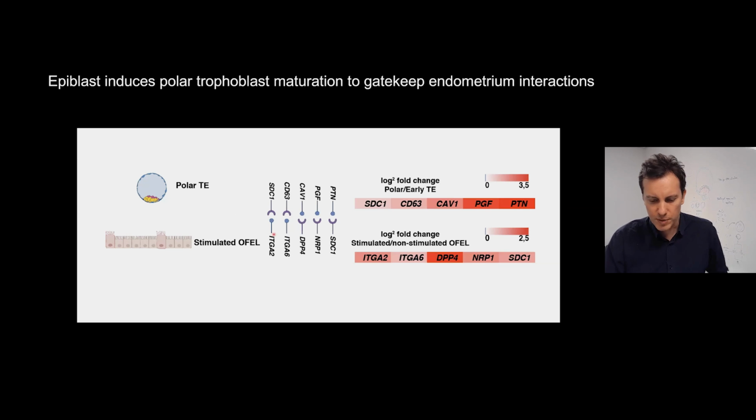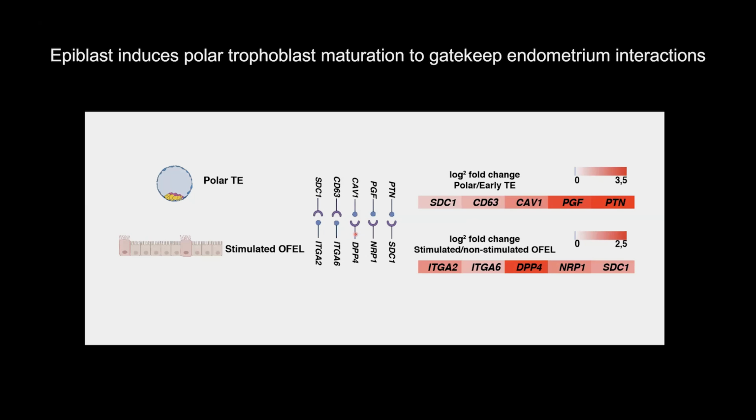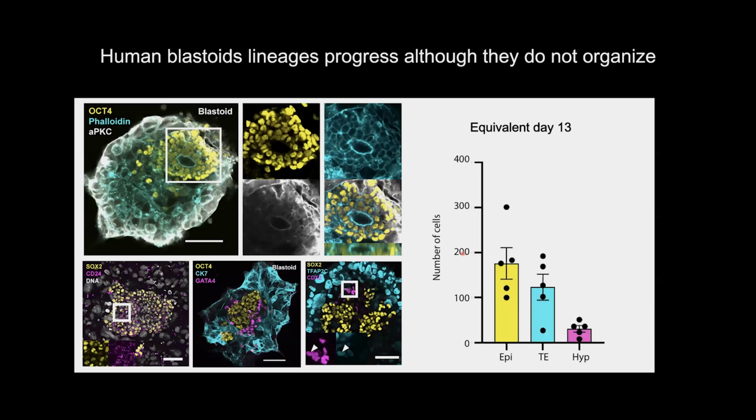So through a transcriptomic analysis, we extracted a handful of ligand and receptor pairs that might be mediating this initial interaction between the embryo and the mother. We can also culture those human blastoids for longer time on top of the endometrial cells, or also on plastic, and we did this until a time equivalent of 13 days.